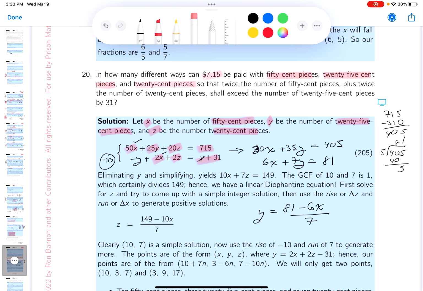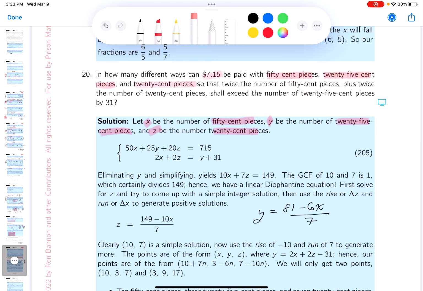Let me get my eraser out. I'm kind of done with this business here. Let me try 3. 2 doesn't seem to work, does it? 12. Nah, that's not working. Let's see, 3 works. 81 minus 18.